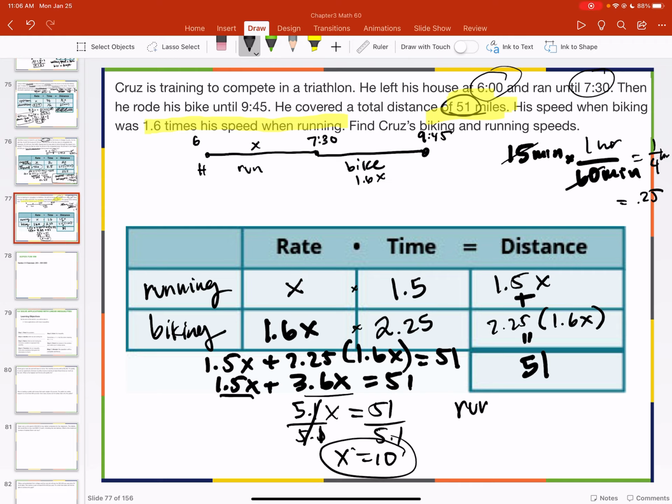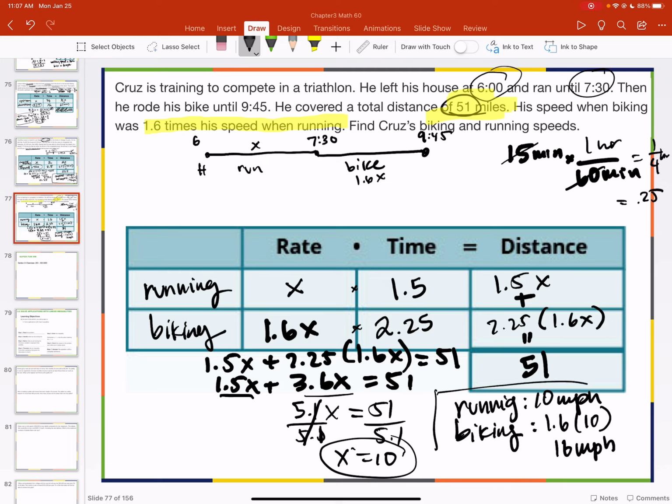So running, he's going 10 miles per hour. And then biking, he's going 1.6 times 10. So that's going to be 16 miles per hour. All right, and that's it for this problem.